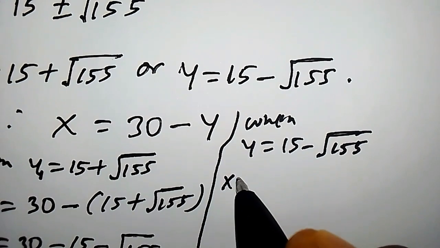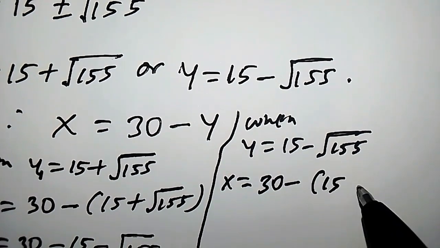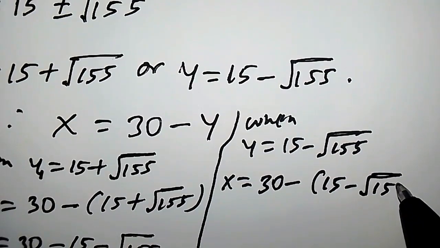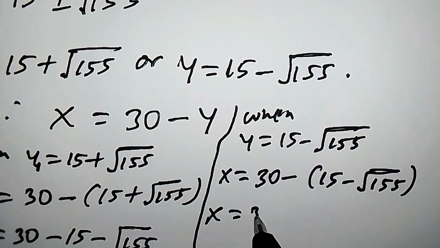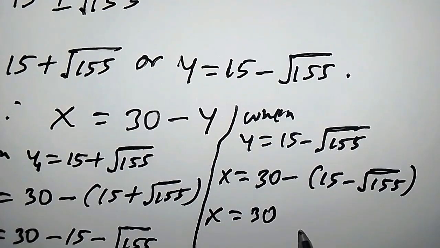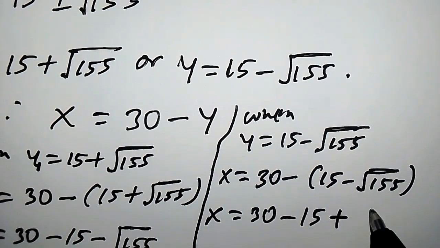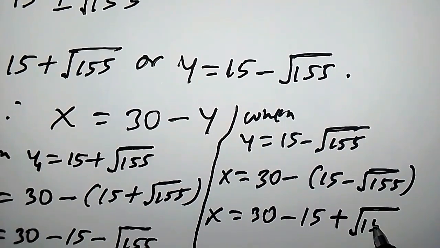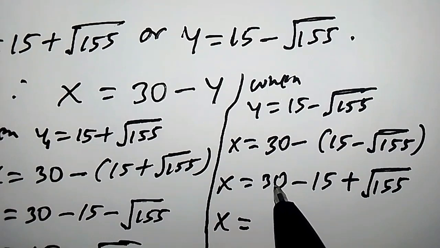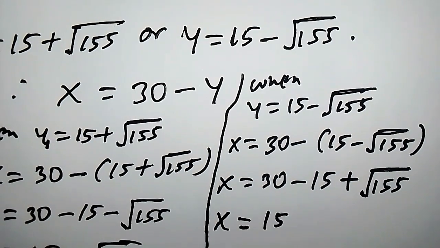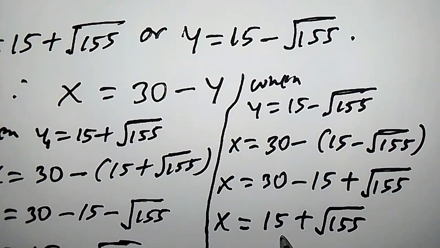So we have x equal to 30 minus (15 minus root 155). So x is equal to 30 minus times 15, that is minus 15. Minus times minus, that is simply plus root 155. x equals 30 minus 15, that is simply 15 plus root 155. This is another value of x.